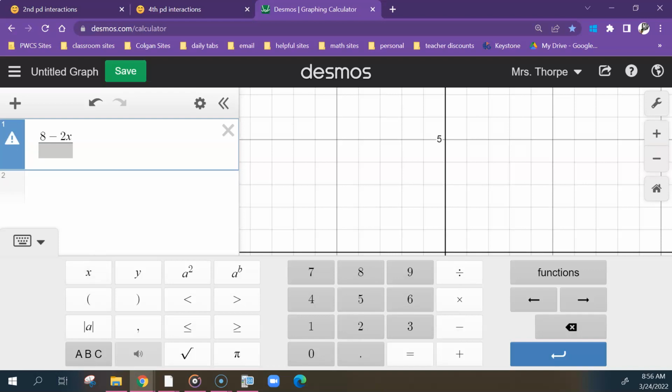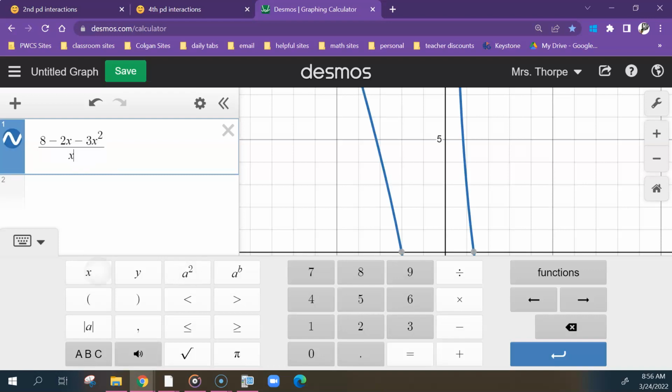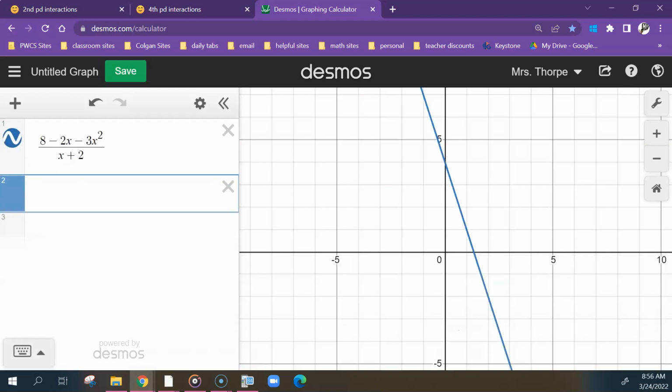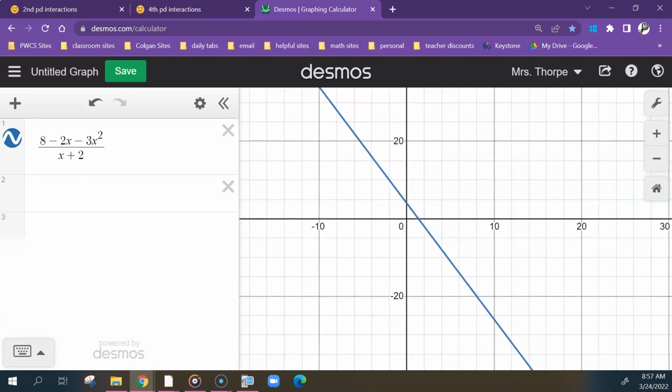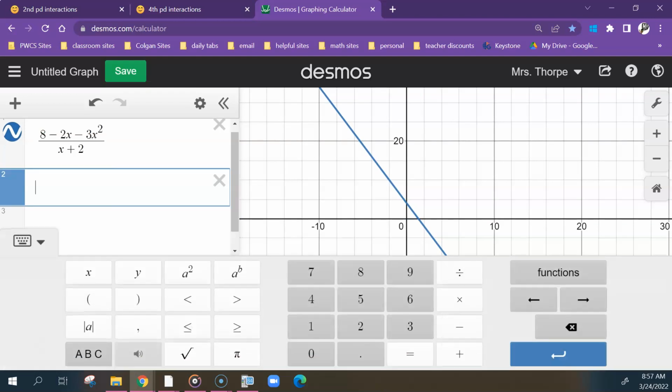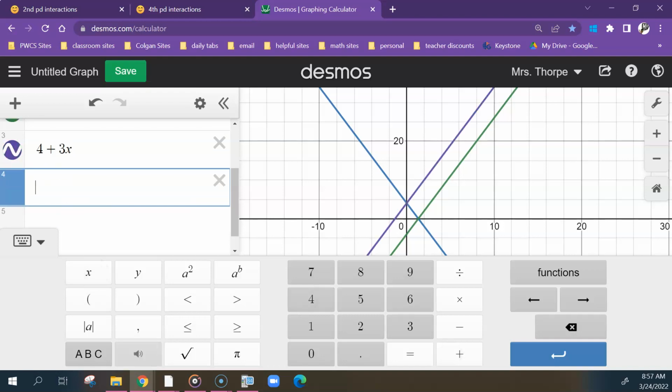The actual one, and then all of the different answer choices, so x minus 4, plus 3x minus 4, plus 3x, negative 3x plus 4, negative 4 minus 2.